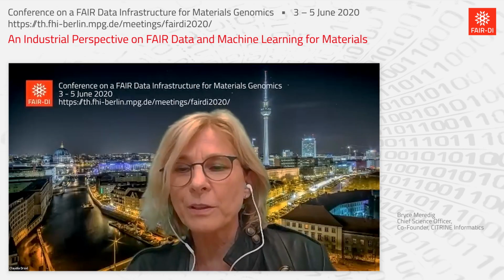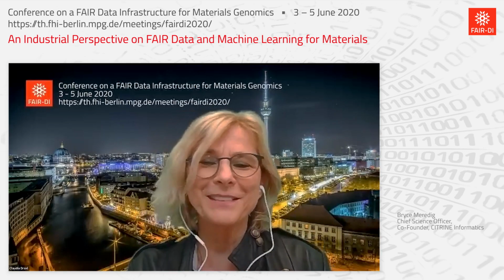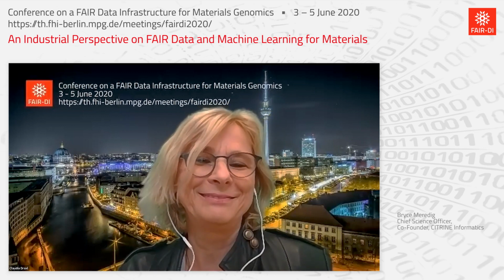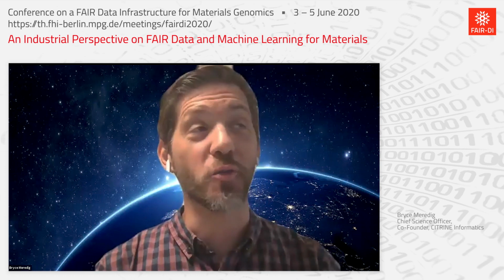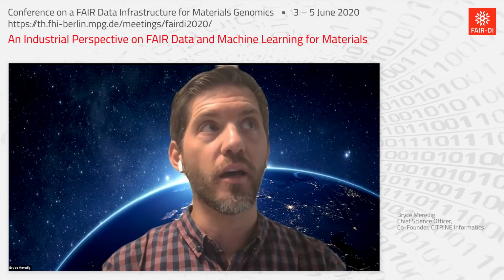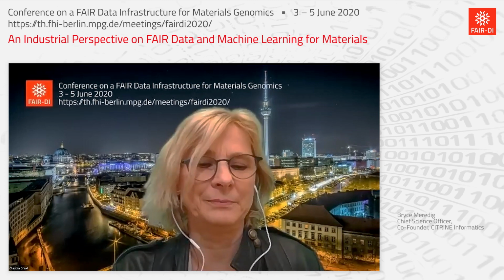Okay, and then we have a short question, and I ask you for a short answer also. So how can we avoid overfitting? Yeah, this is of course a quandary for anyone applying machine learning to any problem. And I think the key is, and this is another area where we at CITRINE have done some work, the key is developing cross-validation procedures that are well tailored to the problem.